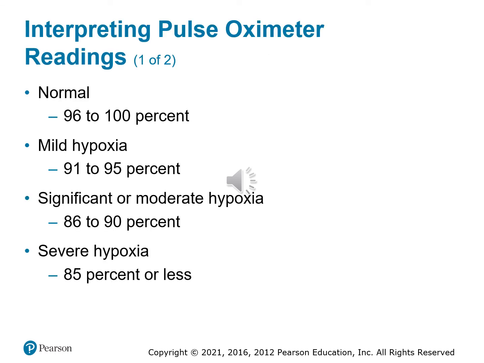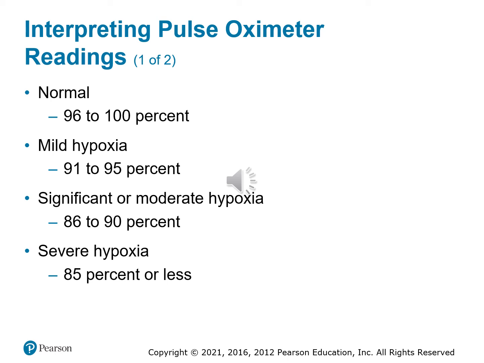So as far as measuring the pulse ox, normal reading is going to be 96% to 100%. So above 96 is completely normal. Mild hypoxia, 91 to 95. People can walk around 91 to 95 all day and you'll never notice anything.